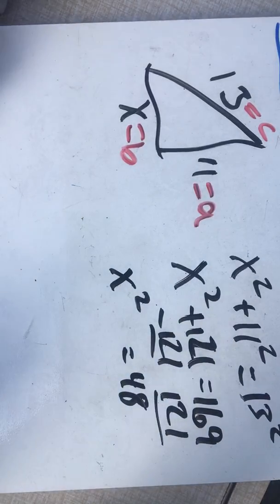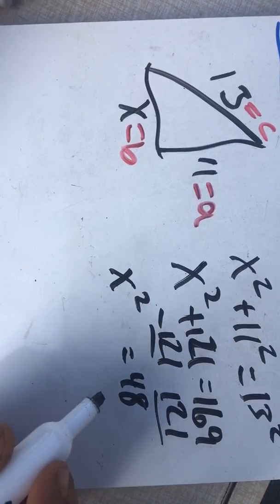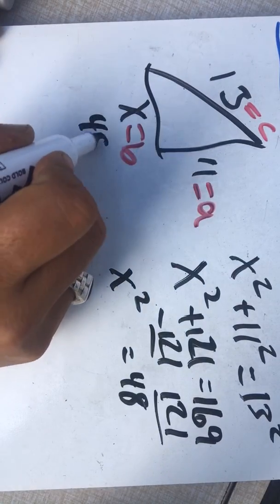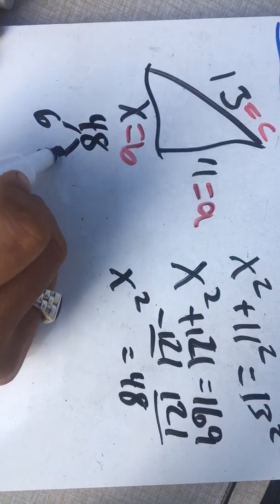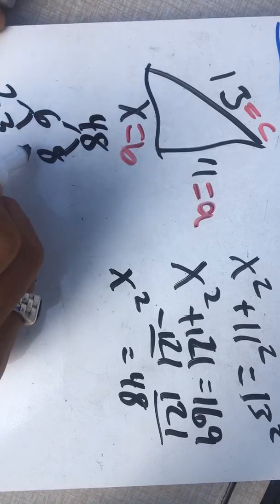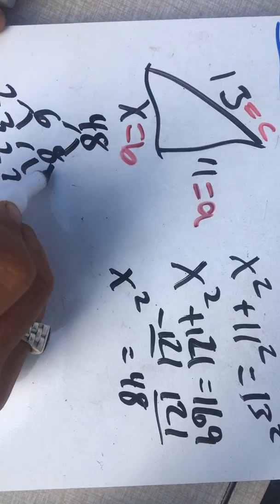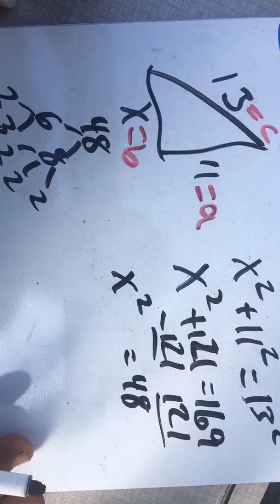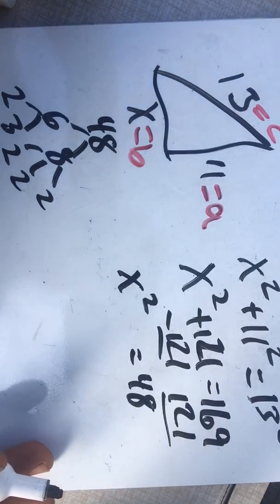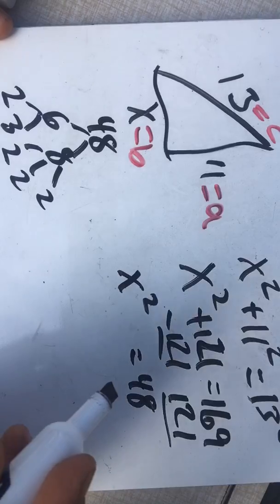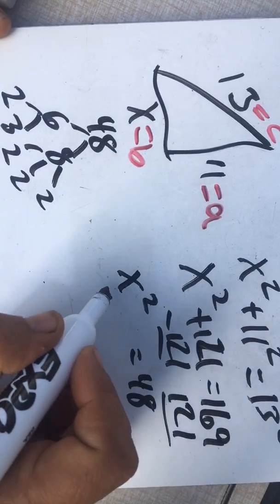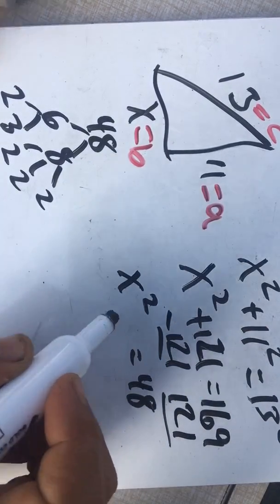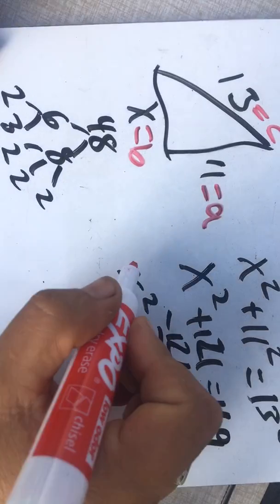Now this goes back to where we were studying simplifying radicals. I now have to go back over here and break down 48: 6 and 8, 2 and 3, 2 and 2, and I just happen to know that there's 3 2s and an 8. So then if I can get that in the screen here. Now, from there, this goes back to the old, you have to take the square root of 48.